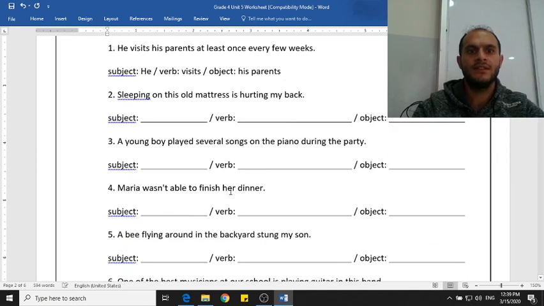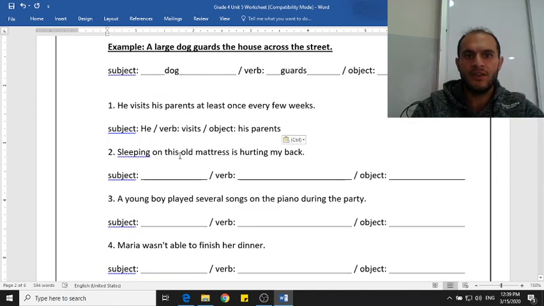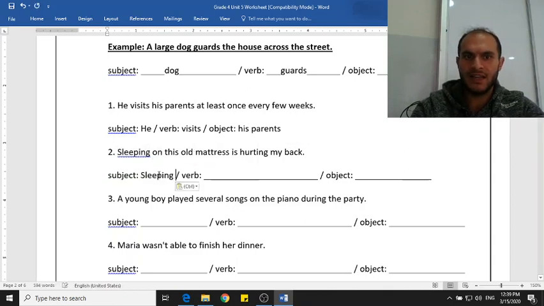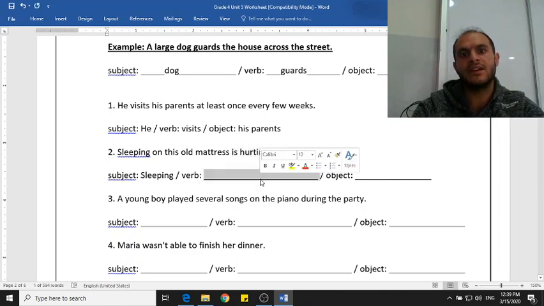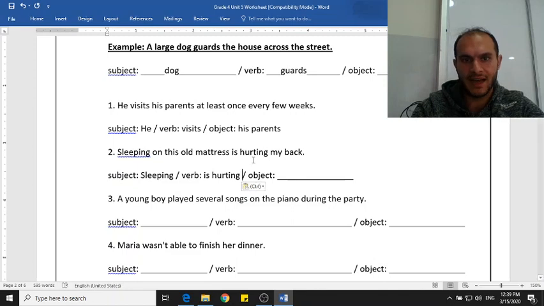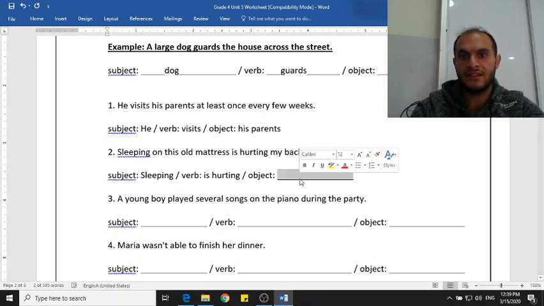The next one is: sleeping on this old mattress is hurting my back. So what is the subject? What am I talking about? I'm talking about sleeping. I'm going to put it as my subject. What is the verb? What is the action? Is hurting. So I'm gonna take this verb, the action that is happening, and my object is the affected part.